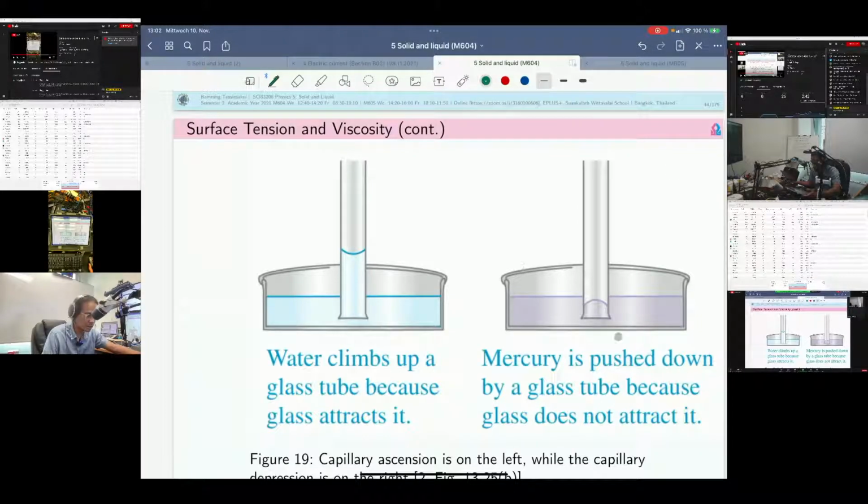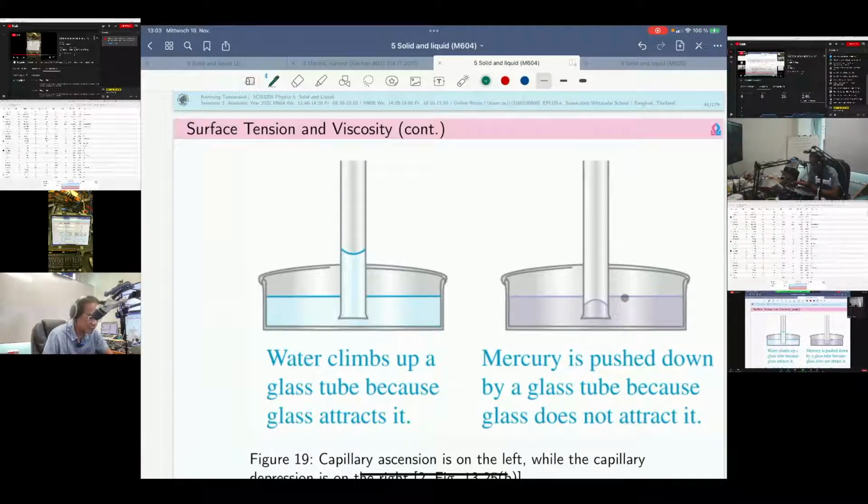If we have a tiny pipe or capillary tube laid like this, you can see that the level of the mercury is lower than the typical surface or level of the mercury in the bowl, in the big container.